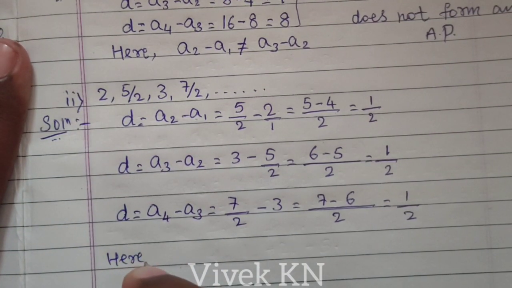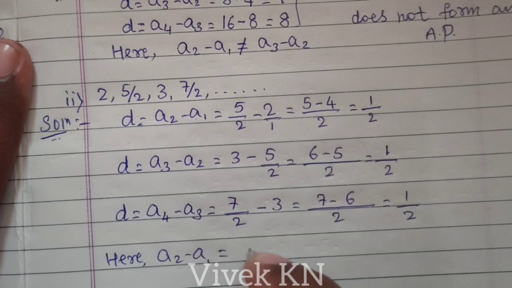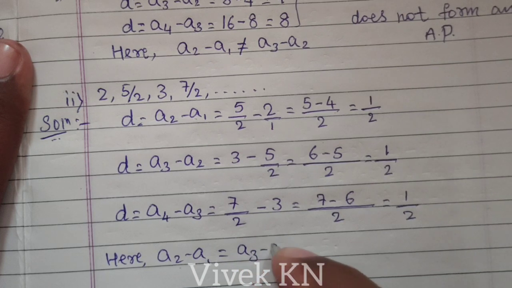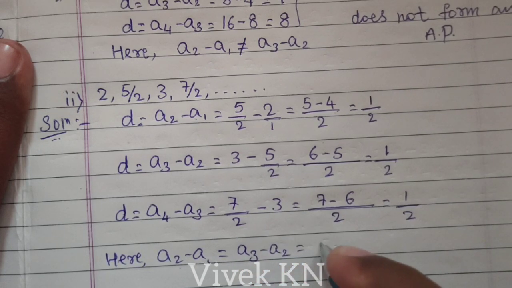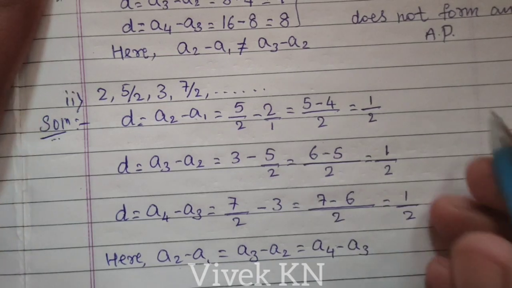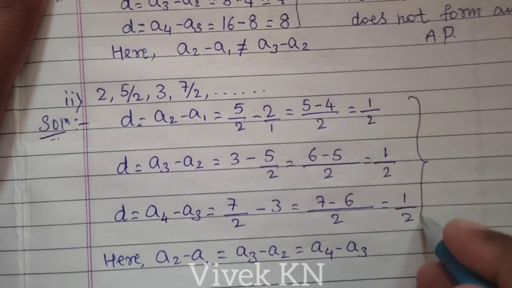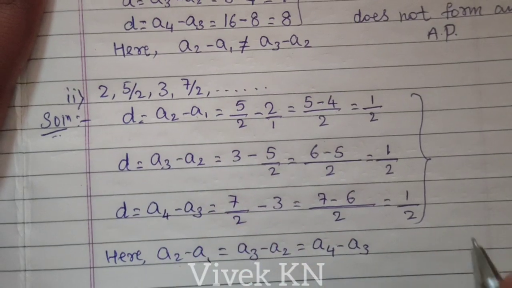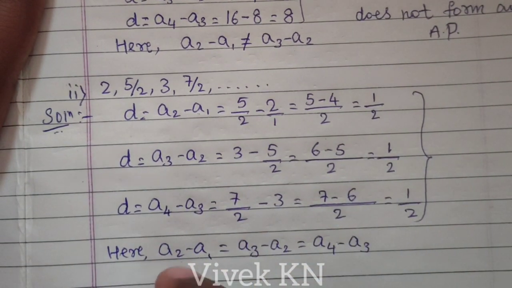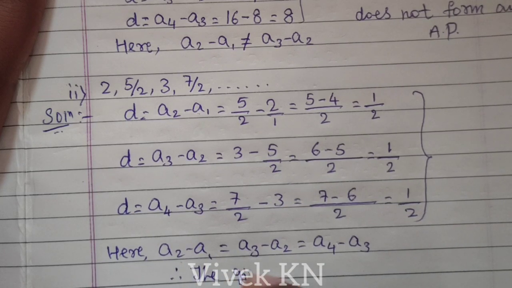Here A2 minus A1 is equal to A3 minus A2 is equal to A4 minus A3. Here the common difference is all the same, so the given list of numbers form an AP.